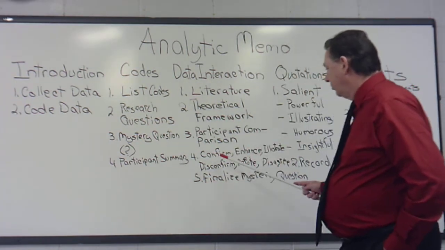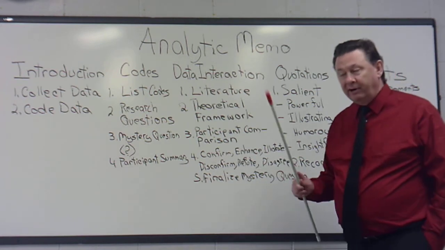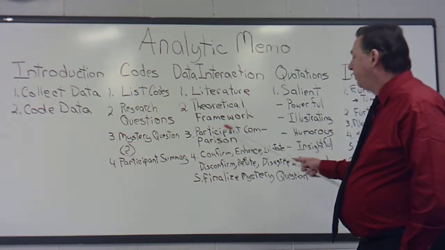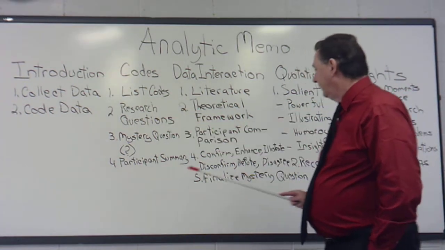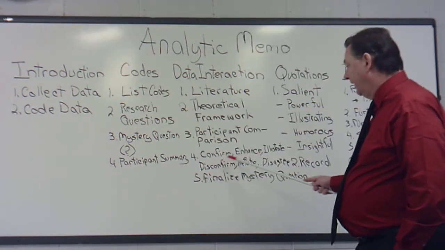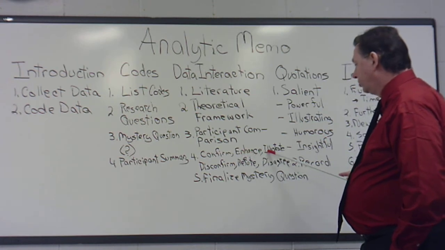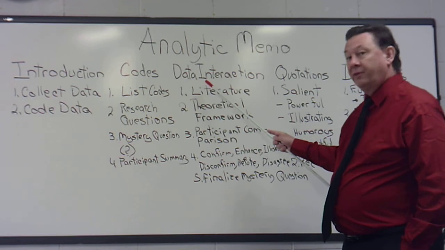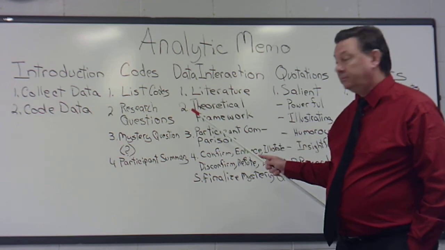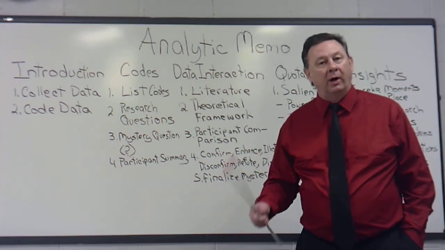And in particular, I've listed these words, and they're very important. Do your participants, or does this particular participant, confirm, enhance, illustrate, or enlarge upon the literature? And if so, in what ways?